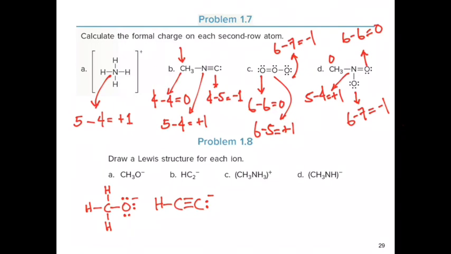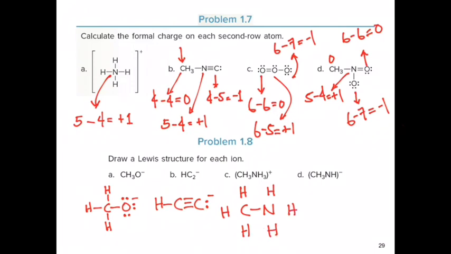And the third one here is CH3NH3. So both carbon and nitrogen will be the central atom. We're just going to connect them together with a single bond, and then we're going to surround the central atoms with the hydrogens, a total of 6 hydrogens.